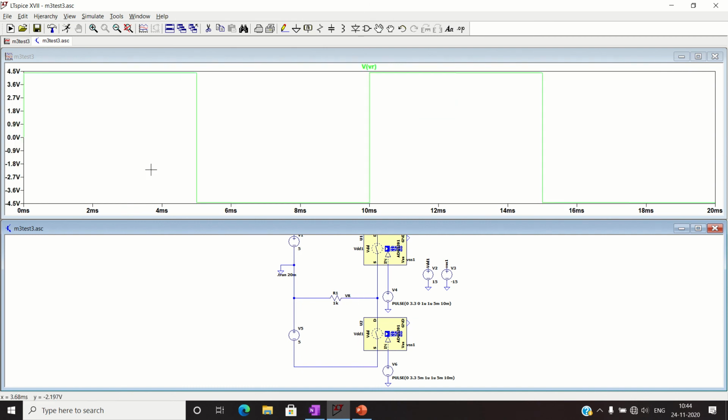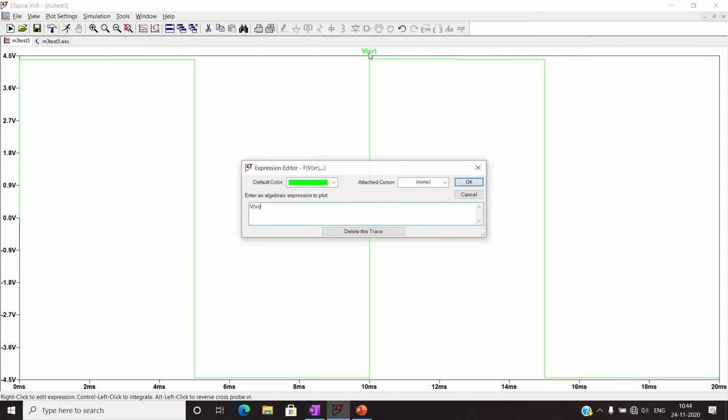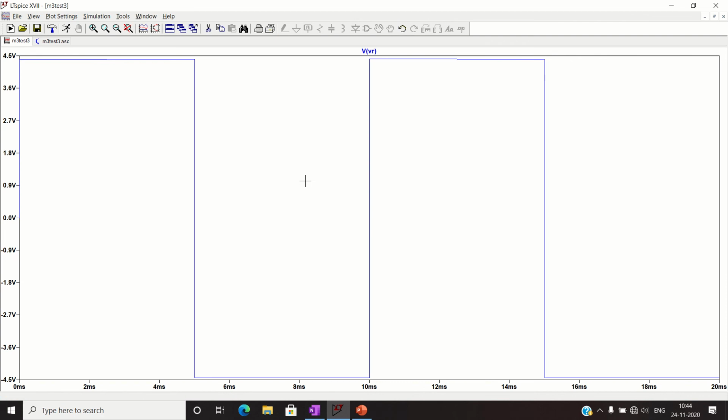Here, I will zoom out and change the color. You can see that in the previous case I had a voltage from 0 to a positive value. But now it goes positive here, 4.5 volts during this cycle.